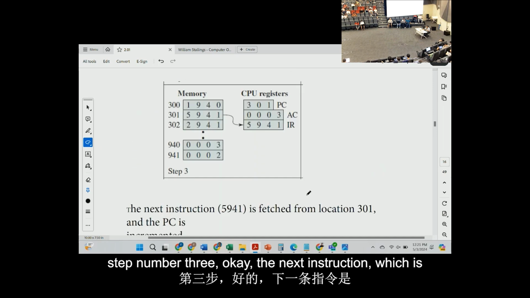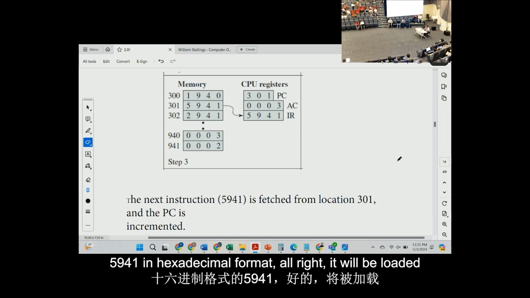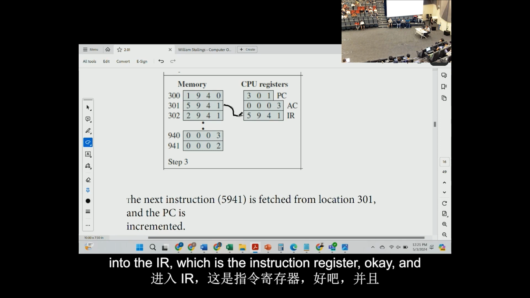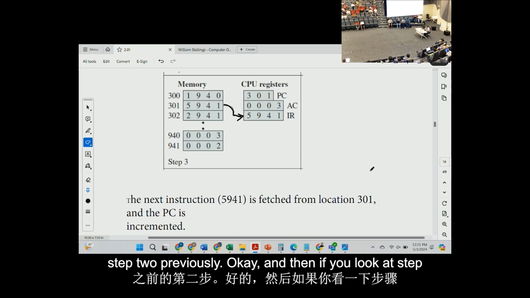Okay, and then for step number 3, the next instruction, which is 5941 in hexadecimal format, will be loaded into the IR, which is the instruction register, and the PC will be incremented. So this is what happened in step 2 previously.